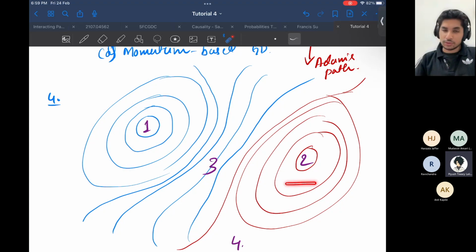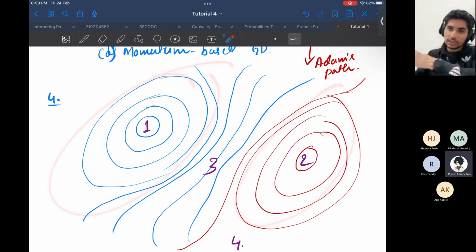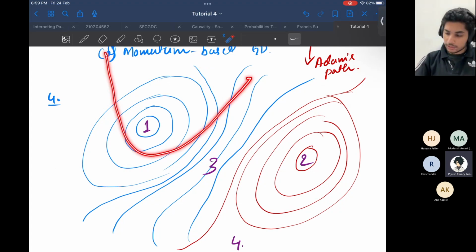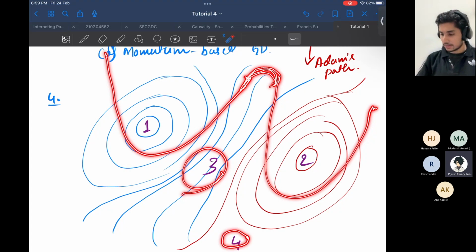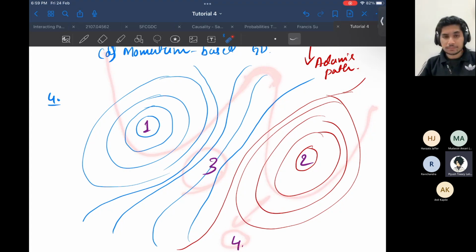Similarly, the second region will also be a bowl, because it is similar to this blue region, but just on the right side of it. These two paraboloids are connected via a bridge, which is the third region that we are seeing here. And the fourth region is somewhere far here.